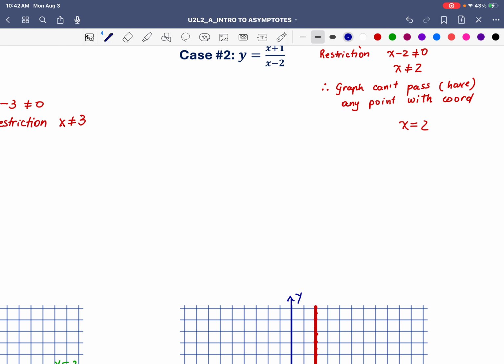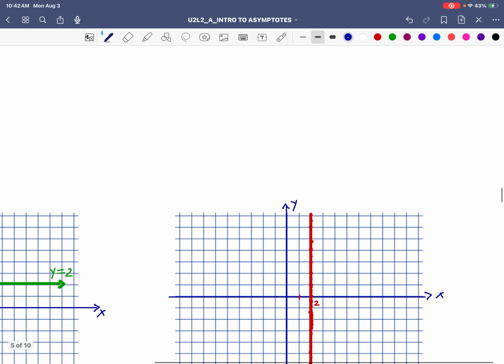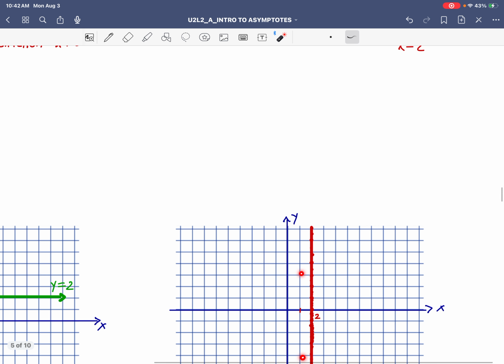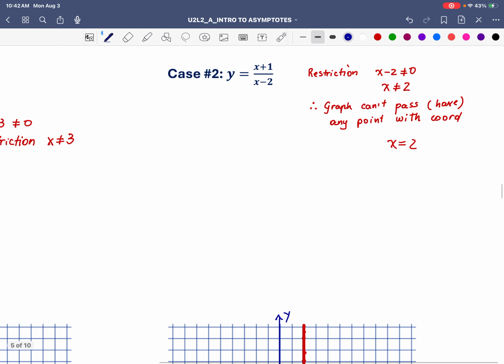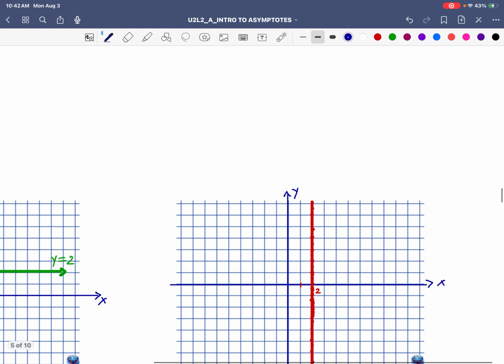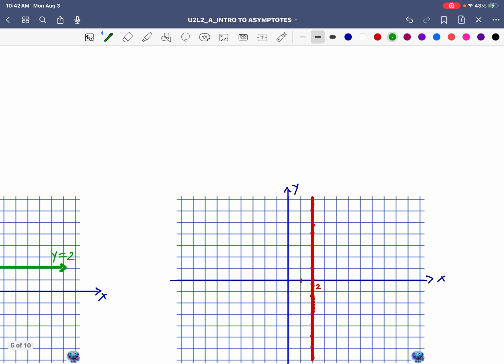So the function doesn't behave randomly, so it's not going to have one point here and one point in here. There has to be some pattern. So in order to understand this, we are going to approach x equals 2 from the right-hand side of it. So x approaching 2 from the right-hand side, and then we'll approach x equals 2 from the left-hand side as well. But let's start with the right side.